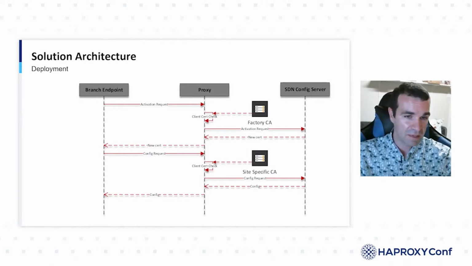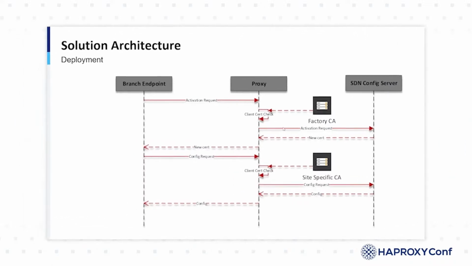There's a sequence: there's an email they get with a URL that they need to access, and then there's this whole procedure to obtain a certificate from the SDN config server to make sure that the branch endpoint can start communicating with the infrastructure. So upon activation, as you can see, the proxy sits in the middle. This is the Nuage utility host, and the SDN config server is on our infrastructure side.